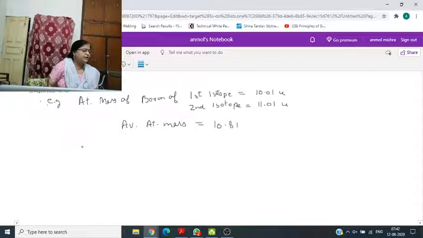So you have to find the percentage of each isotope.